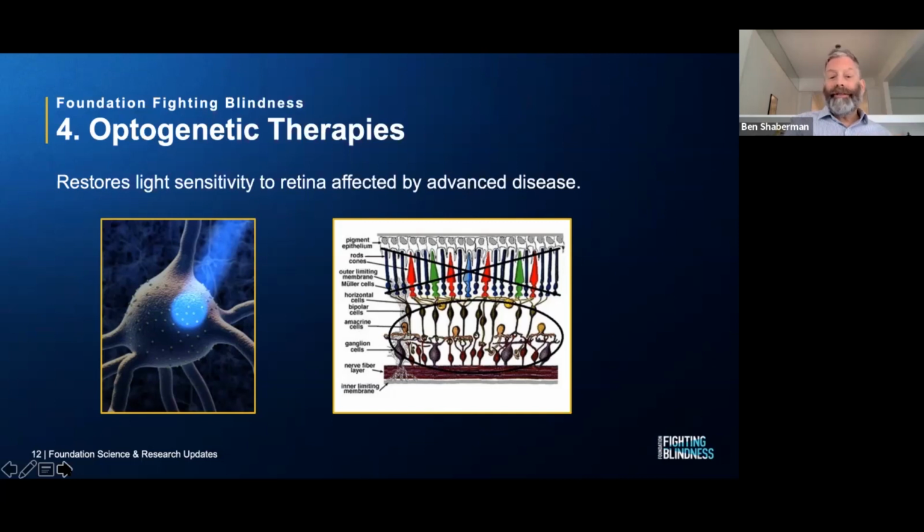So a nice aspect of this approach is it's designed for people with the most advanced vision loss who have lost all their vision. And it's also designed to work independent of the mutated gene causing the disease. Now, there are a few clinical trials underway for this approach.